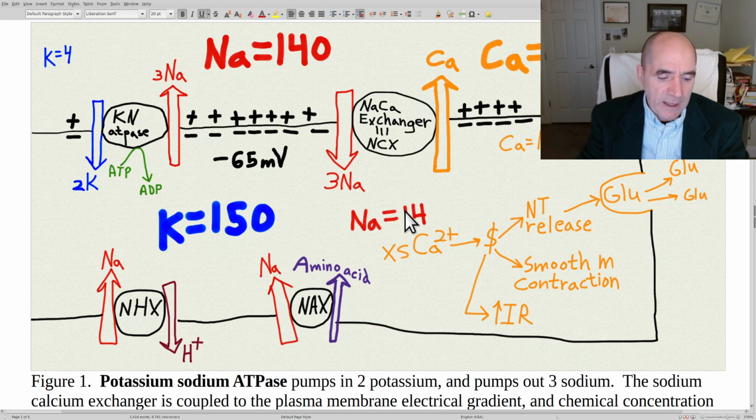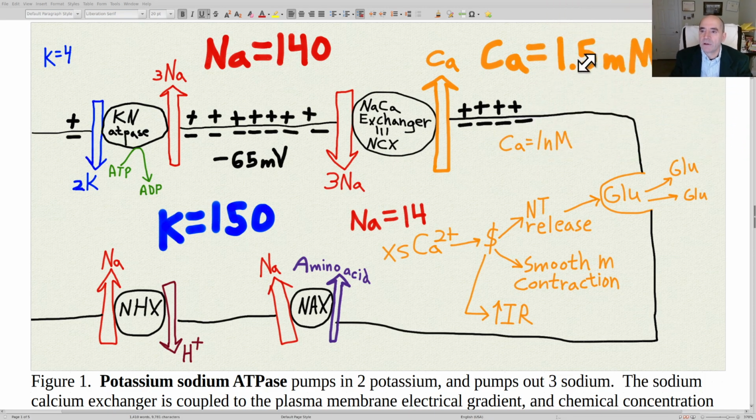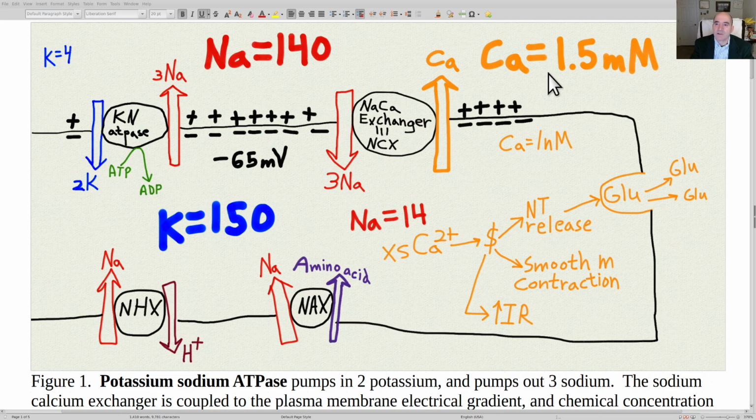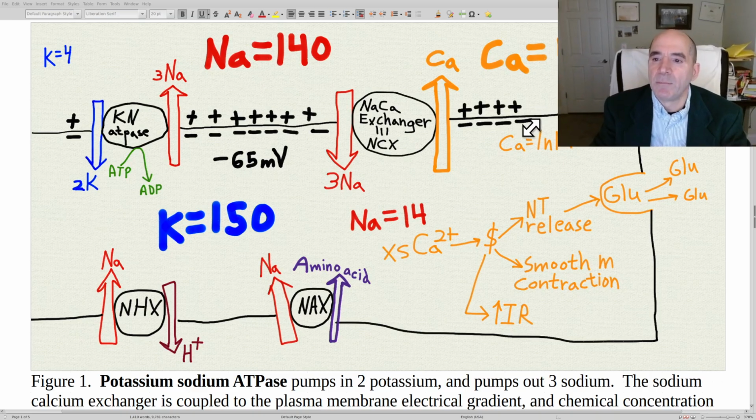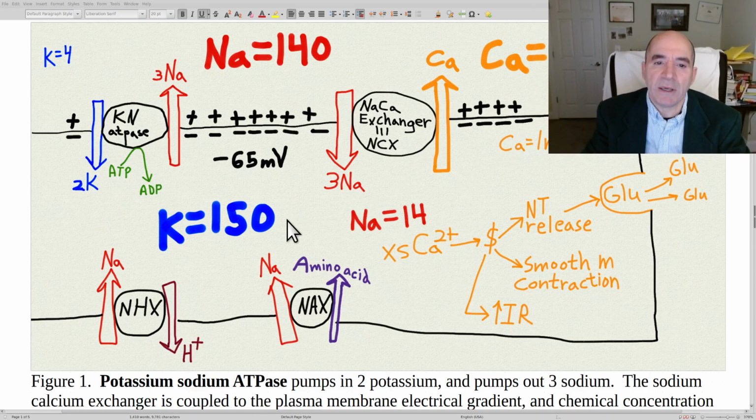Now here's the slide. You've got about a 15,000 times higher concentration of calcium outside the cell compared to inside the cell. Because of that, you always need ATP to run these pumps to get calcium outside the cell.